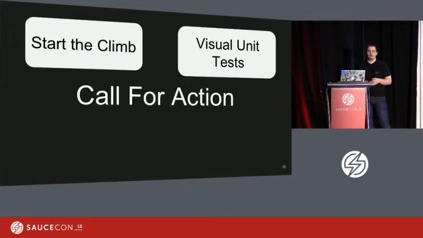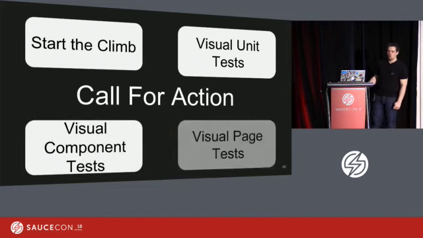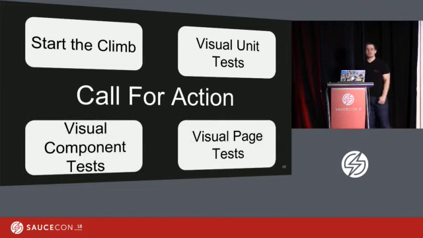You can start by just doing the unit testing, going to the component tests, or all the way to page tests, maybe for sanity. That's basically one of the main goals and takeaways from this talk. And I hope that when you go to work tomorrow or on Monday, you'll be able to at least look at how you can enhance your product today.